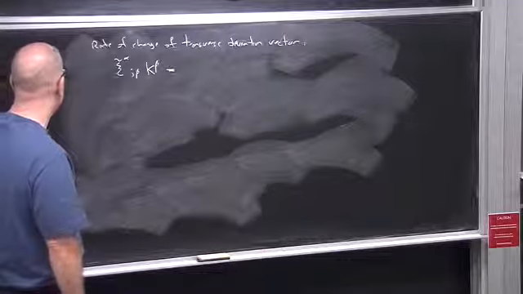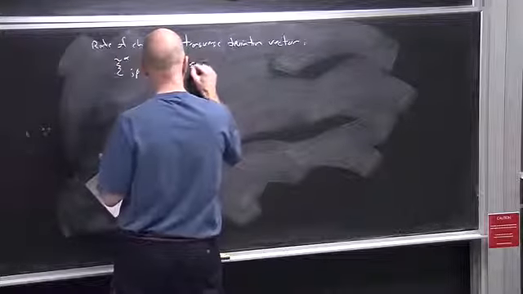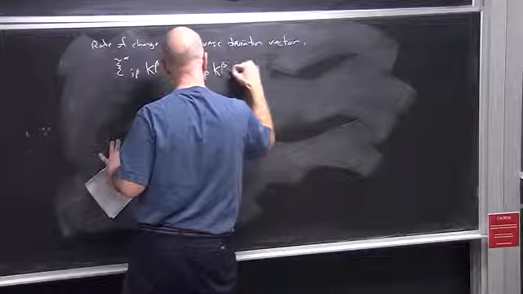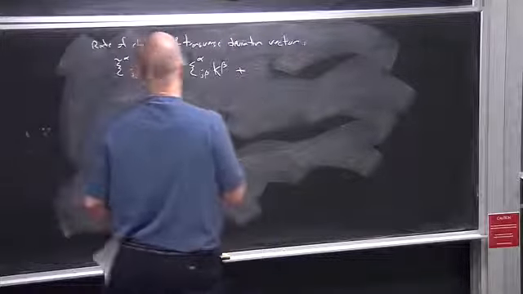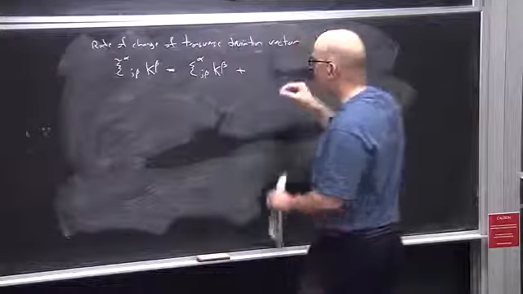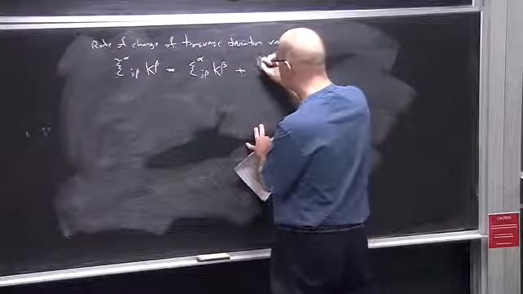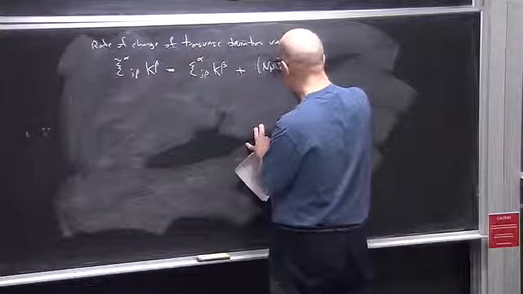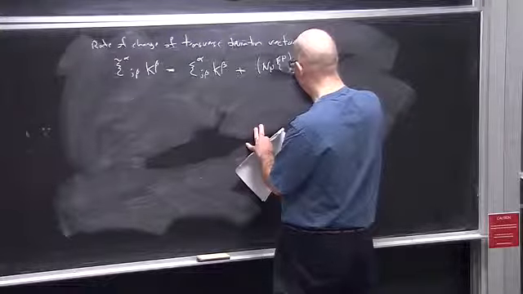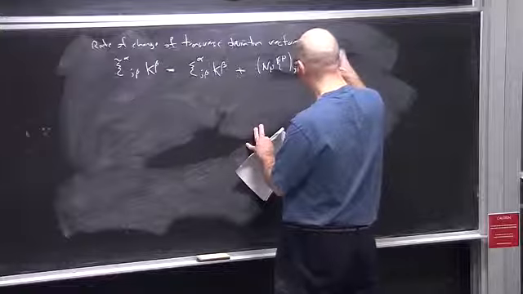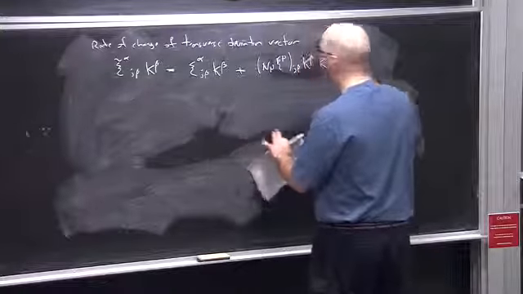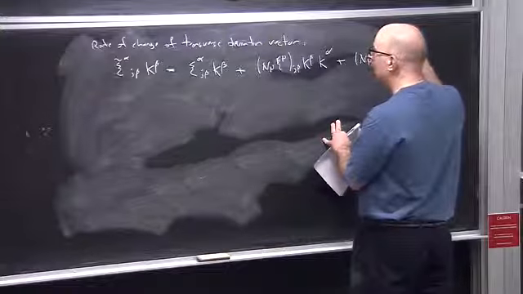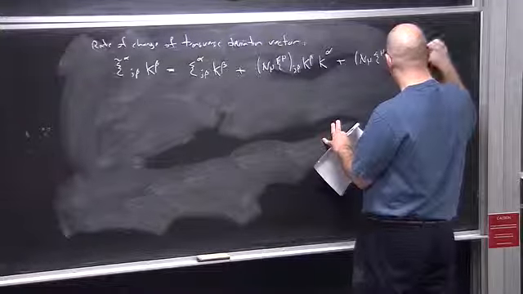And, well, we just do the calculation. We get c differentiated along k. Then we get the derivative of that scalar along k. And then we get the derivative of k along k.